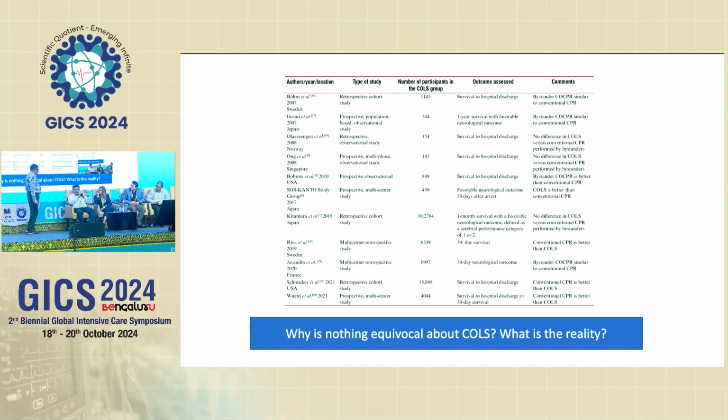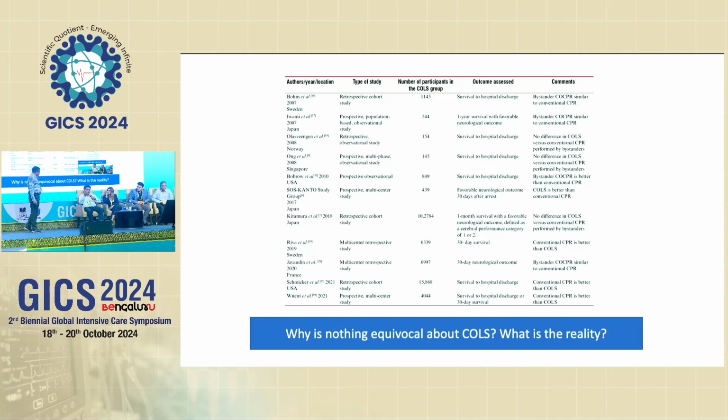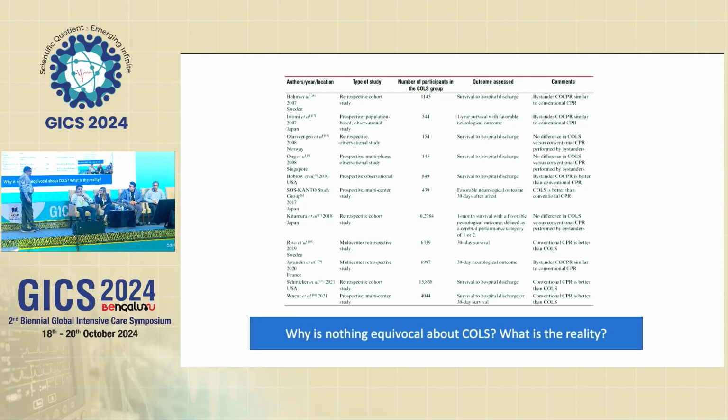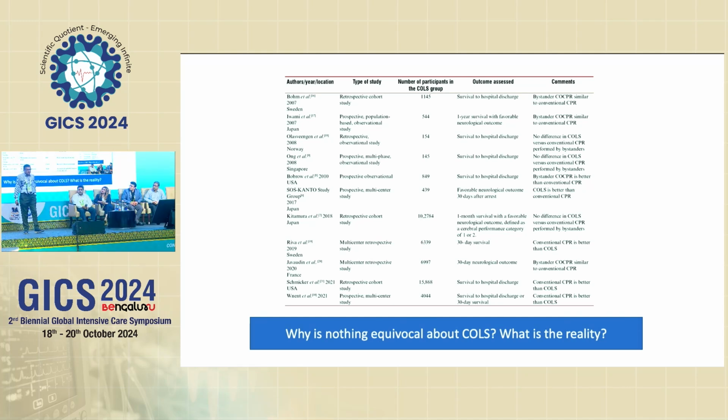So this is a basic flaw in our understanding of the pathophysiology of the arrest state and how much PaO2 you actually need to sustain an arrest situation. Once we understand that the philosophy is to keep the blood circulation going rather than pump in oxygen, I think the acceptance and the reality of COCPR will follow. So that is a very important point which Samvedam has made, that it is all in the mindset, which we are not able to overcome.